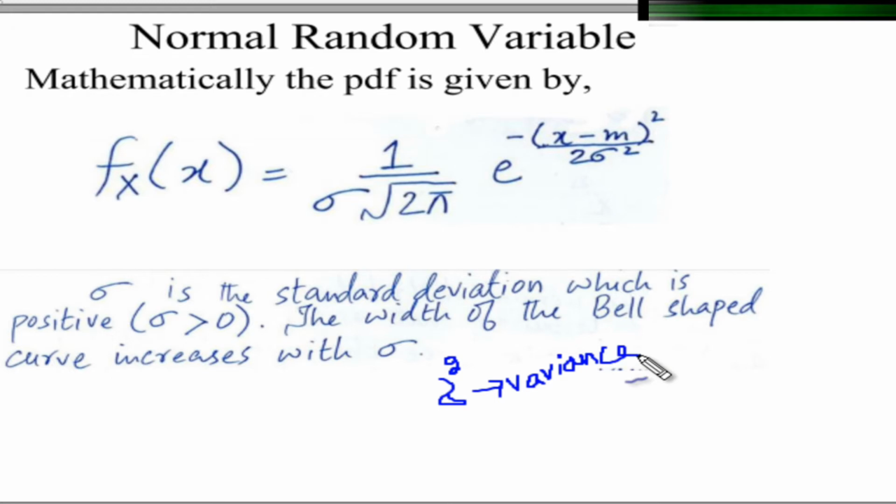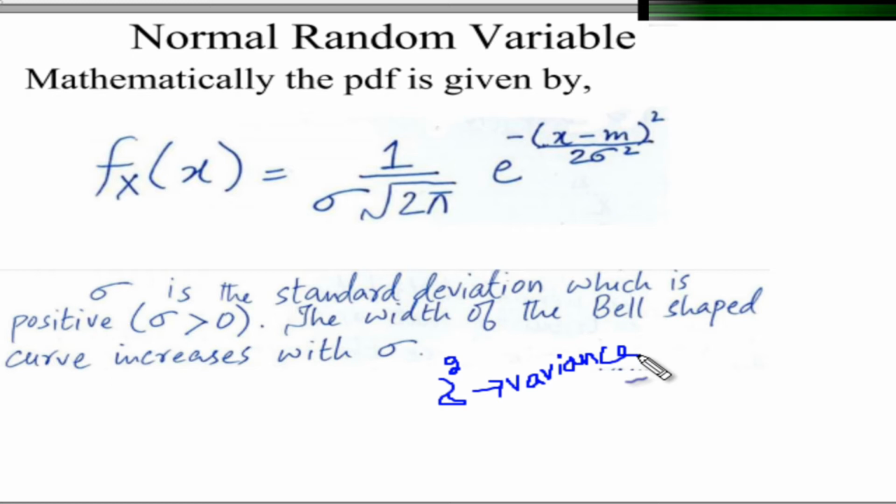So the width of the bell shape curve increases with sigma. If you increase sigma, the dispersion or the deviation will increase. Okay, the average amount of deviation will increase, but the height will decrease. If the dispersion or the width of the curve increases, the height will decrease, and vice versa.